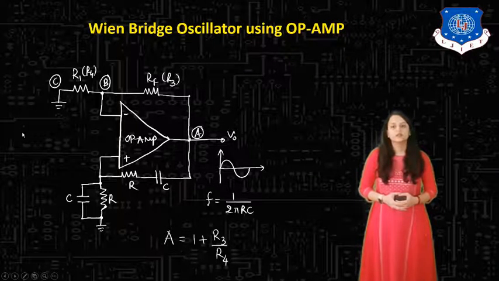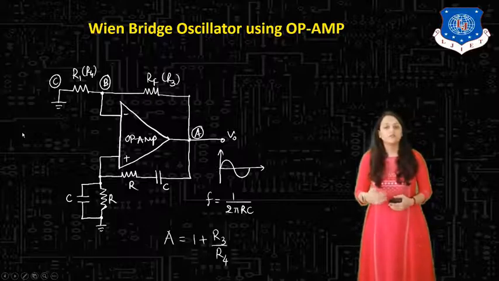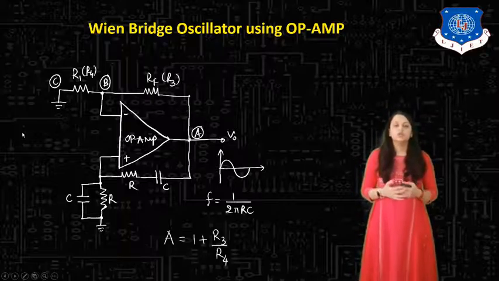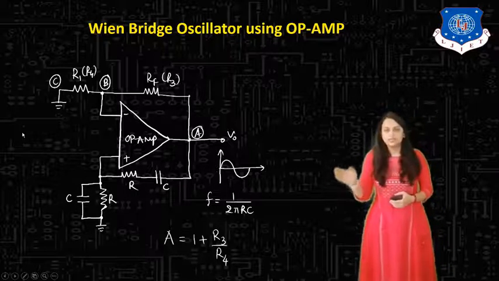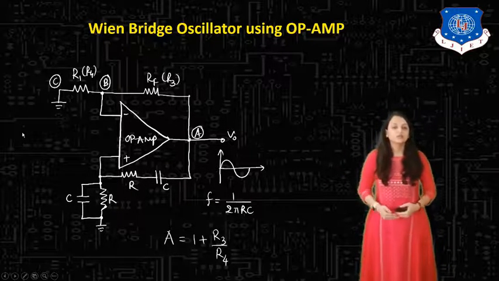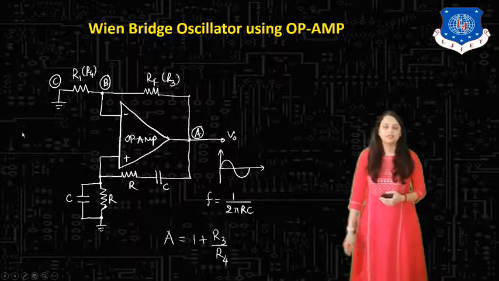Now, third one is Wien bridge oscillator using op-amp. So we have seen two circuits. The first active device was BJT, the second was FET, and now the third we are using op-amp as the active device.